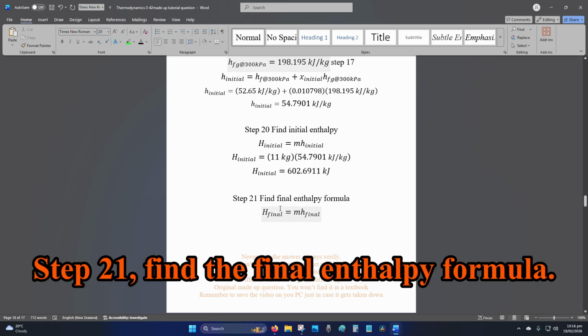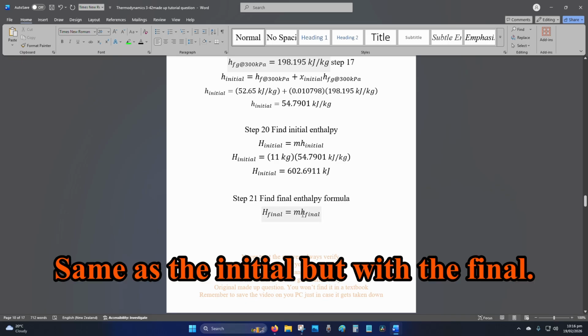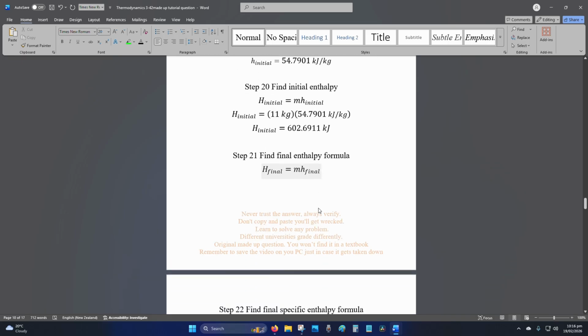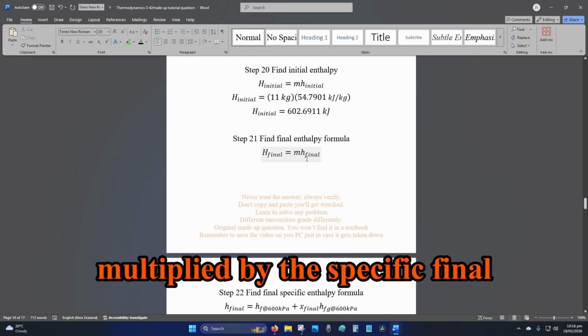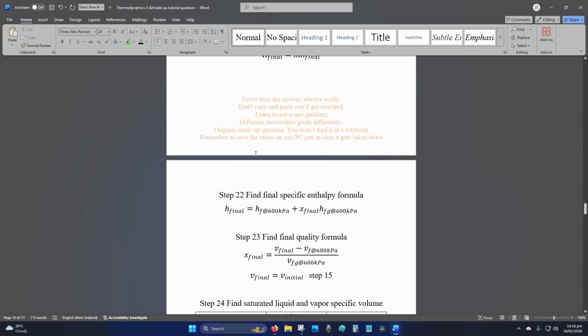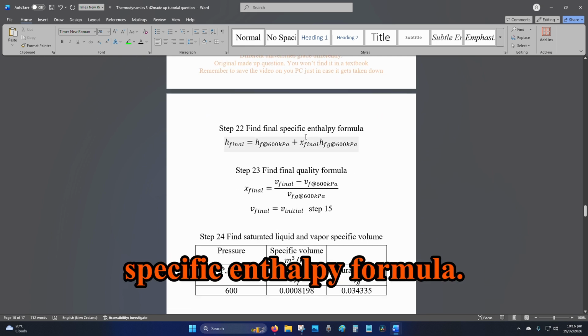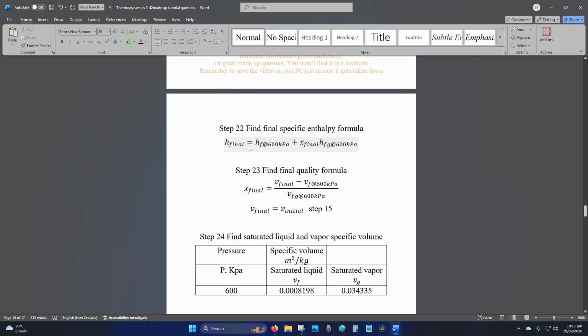Step 21, find the final enthalpy formula. Same as the initial, but with the final. Okay, so that's mass multiplied by the specific final enthalpy. Step 22, find the final specific enthalpy formula.